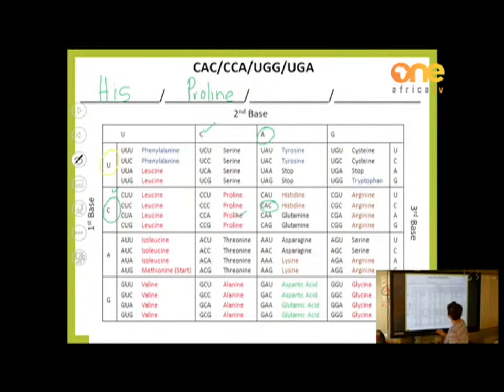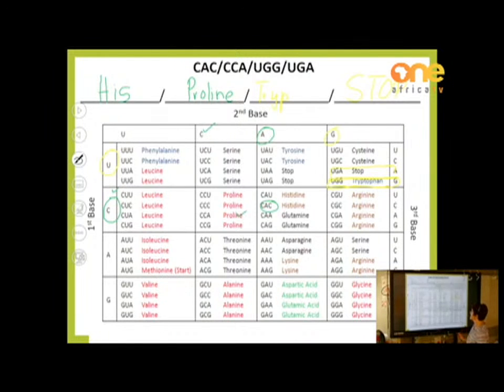U, G, U, G, A, U, G, A. UGG, first UGG. UGG is tryptophan, and then I have a stop in UGA. So, you got that?